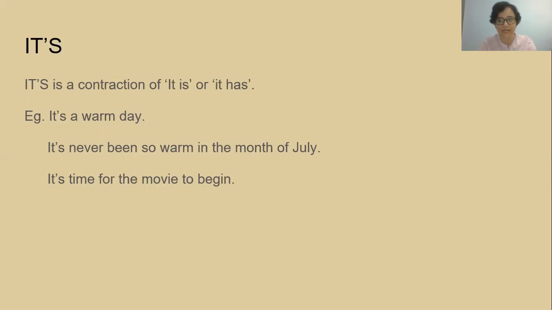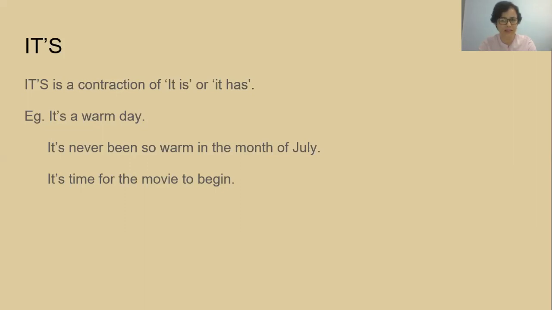If it doesn't make sense with it is or it has, then it's not a contraction and I don't need to use the apostrophe. Okay, so I'm going through the sentence again. I've seen that cat before with a piece of ginger in its mouth.